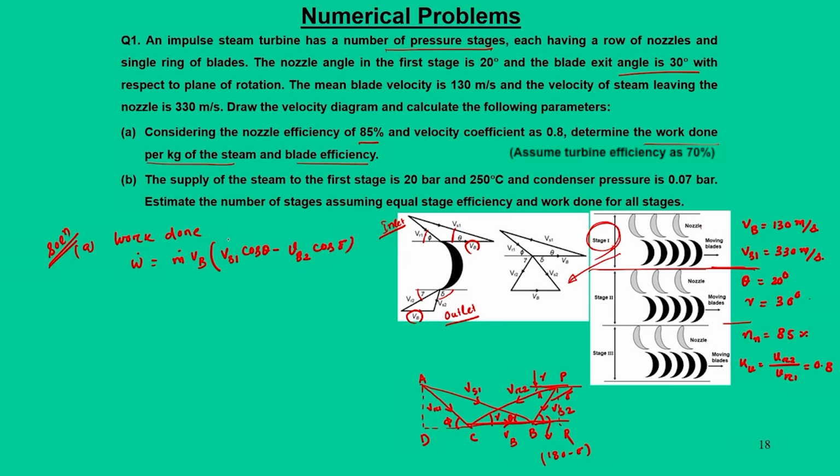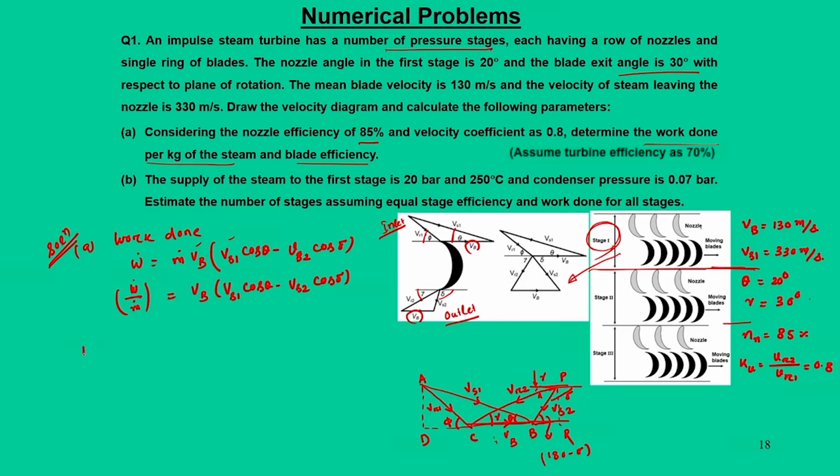We have Vs1, we have Vb and m dot. If you say per kg, then it becomes W dot by m, that is Vb into Vs1 cos theta minus Vs2 cos delta. Of course, we do not know these numbers, so this data and the velocity triangle will help us in estimating these angles.